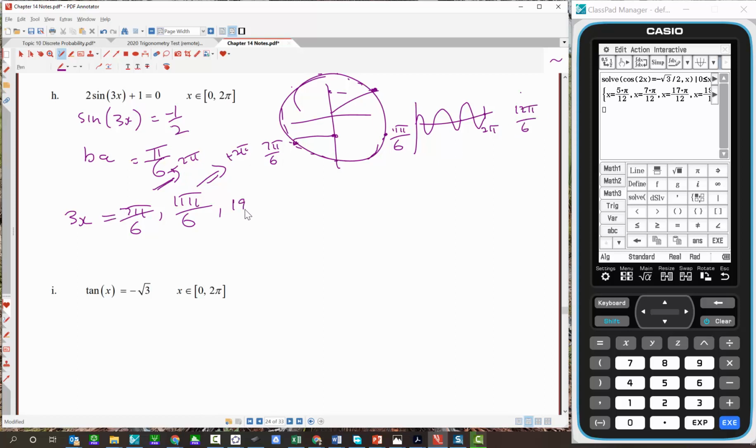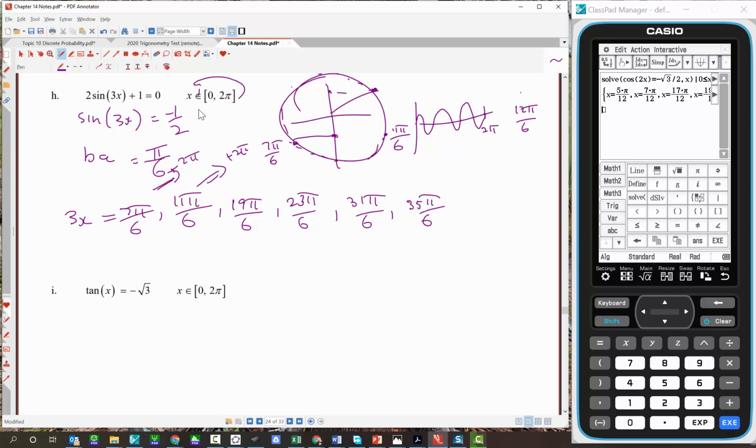So 2 pi plus 7 pi on 6 is going to be 19 pi on 6. This is going to be 23 pi on 6. Now let's add another 12 to that, which is going to be 29, 31 pi on 6, and 33, 35 pi on 6.